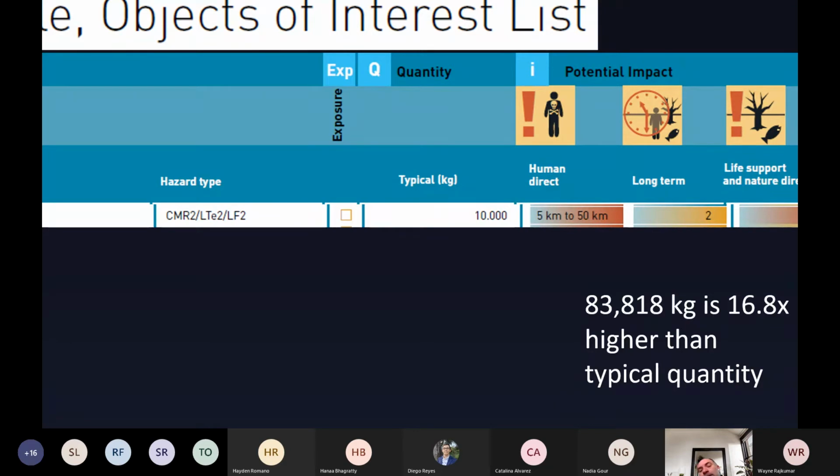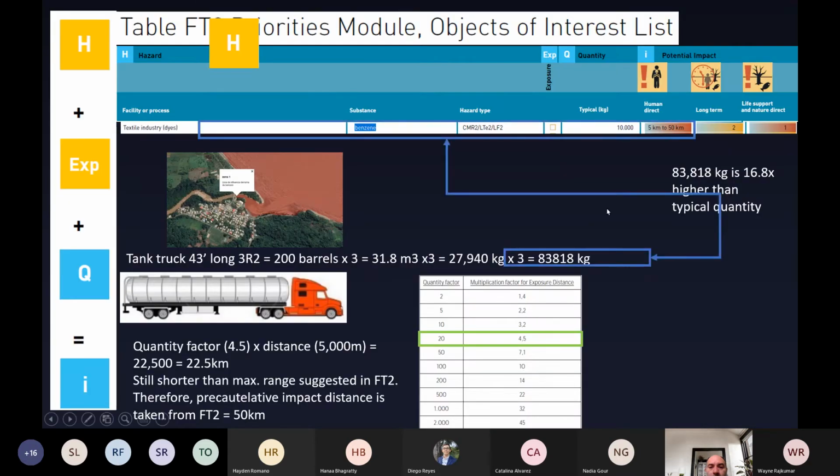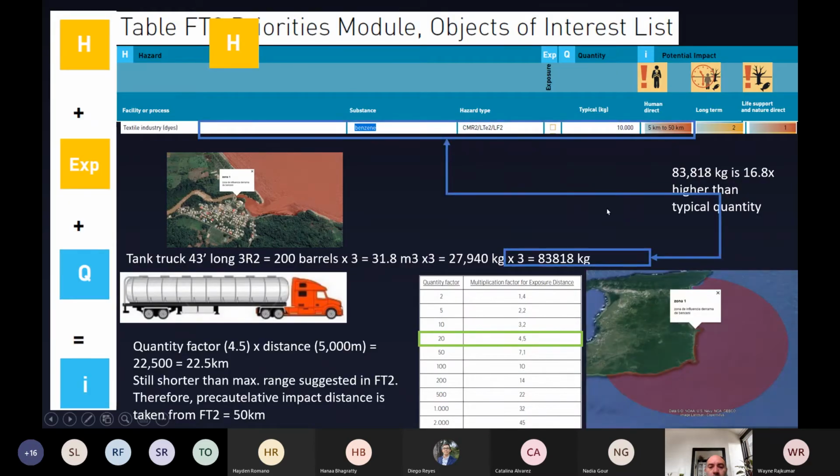So since the distance I just calculated through the distance factors tables is shorter than 50 kilometers, I should just make a bigger radius of 50 kilometers from where the spill was made.